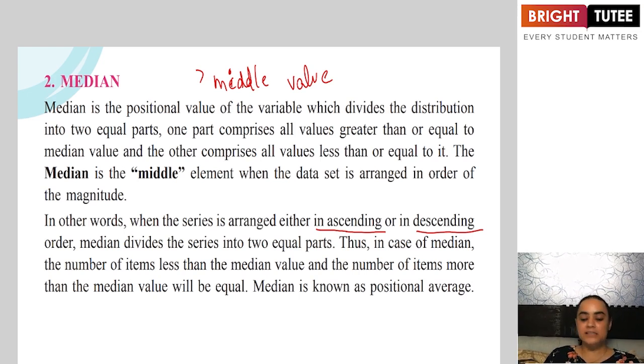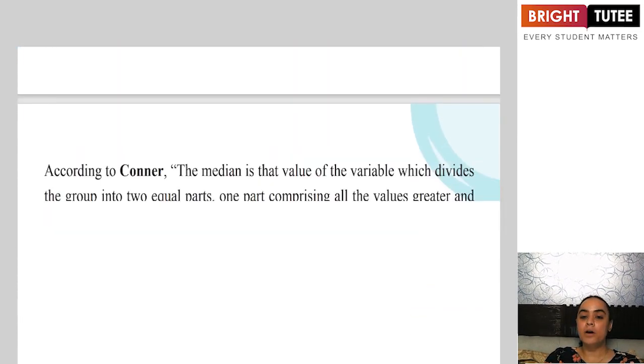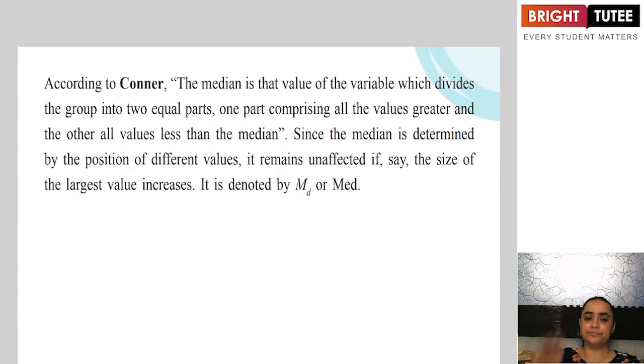There can be a series which has odd numbers in it. There can also be a series in which there are even numbers in it. The median is also known as the positional average. It tells the position of a number in the series.